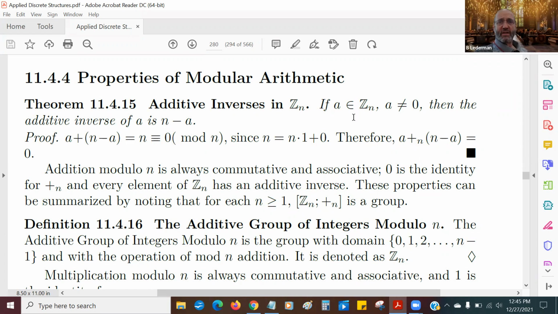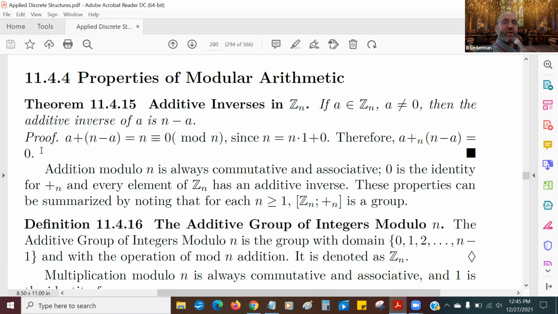Anyway, so if A is part of Zn, so it's one of those numbers, and assuming A doesn't equal 0, then the additive inverse of A is n minus A. And that's easy to prove, because A plus n minus A is just n, and n is congruent to 0. Since n is equal to n times 1 plus 0, that means A plus n minus A is 0.